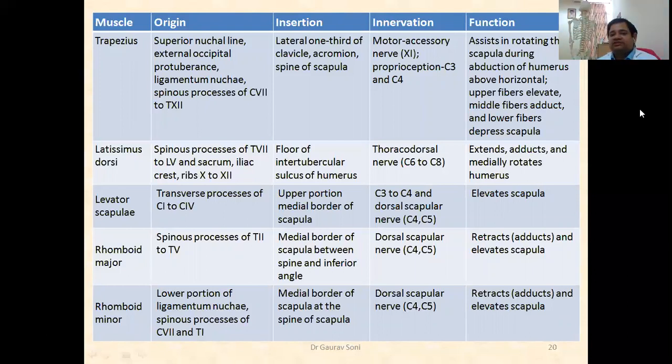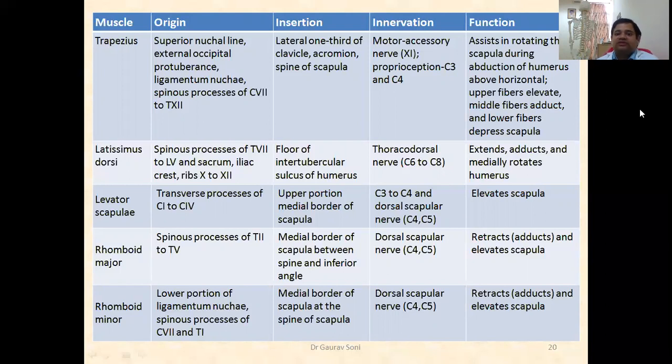Then comes the latissimus dorsi. It starts from the spinous processes of T7 to L5, sacrum, and iliac crest. Also some part comes from the 10th to 12th ribs. It is inserted into the intertubercular sulcus of the humerus. You might remember the mnemonic: lady between two majors.